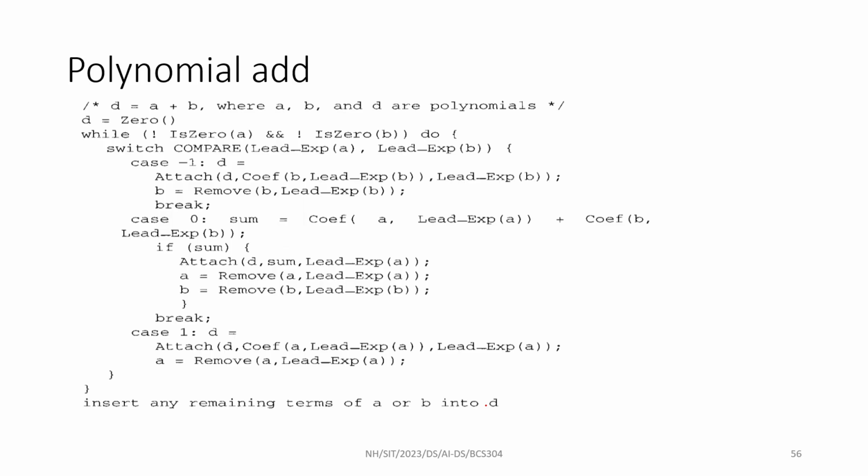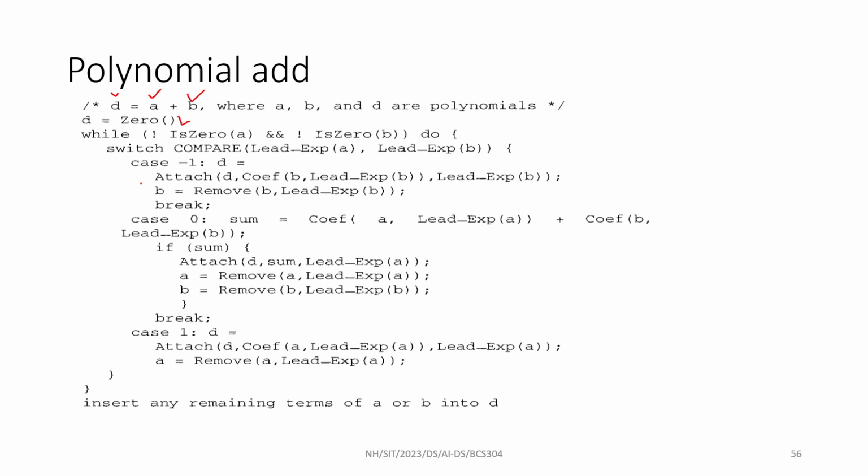Now we'll see how two polynomials can be added. Let us take A as one polynomial, B as another polynomial. We want the D polynomial. Initially D is 0. I want nothing in that polynomial D. So D equal to 0, that zero function can be called. This is all just a general routine.